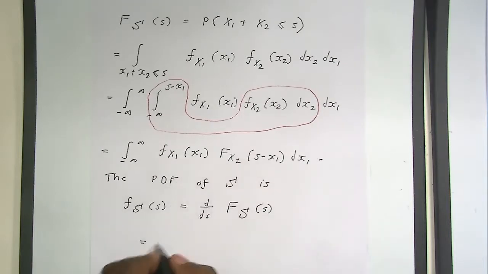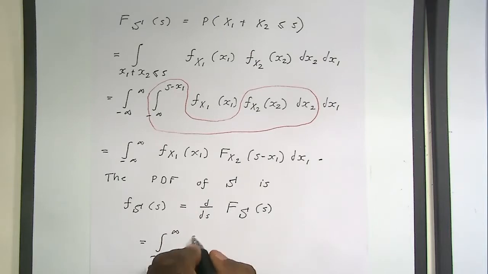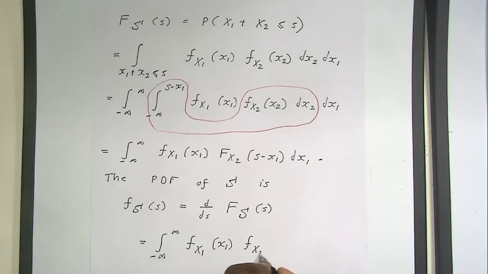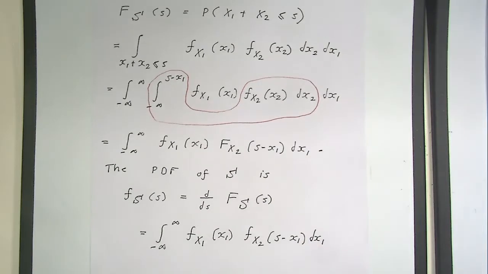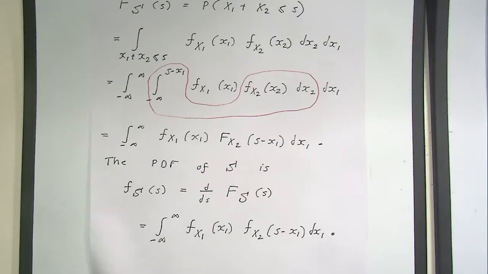You differentiate this, you get, alright. So this is the PDF of S when n equal to 2. Okay, guys.